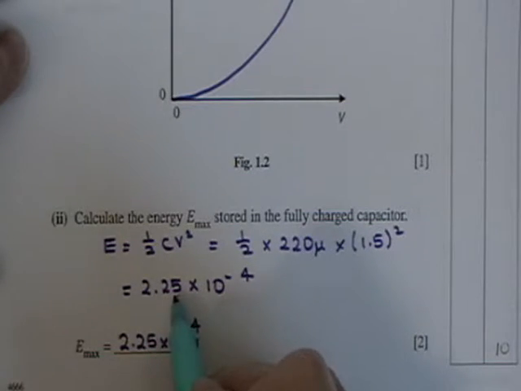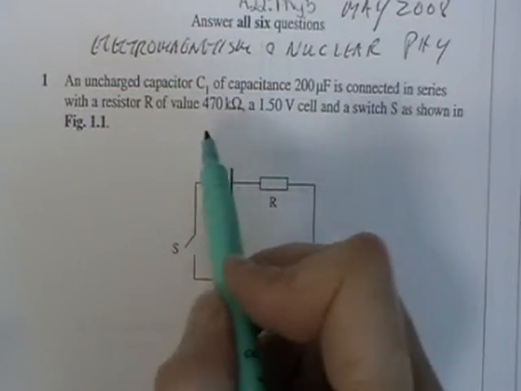And again, there's 3 significant figures, and the numbers in the question have 3 significant figures in them too.